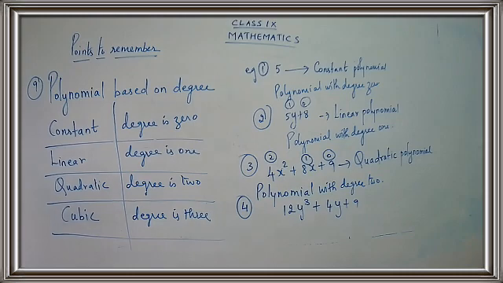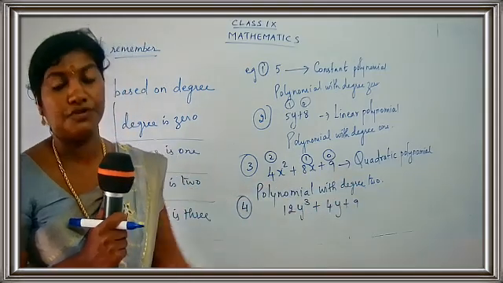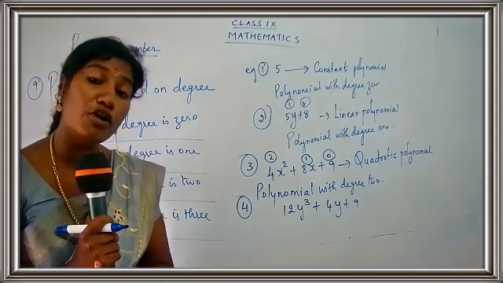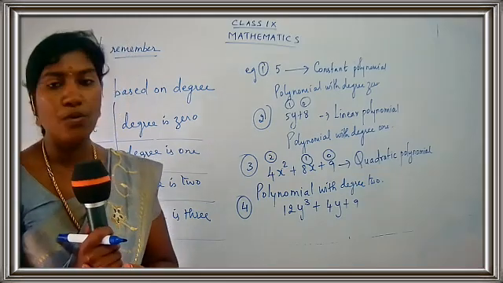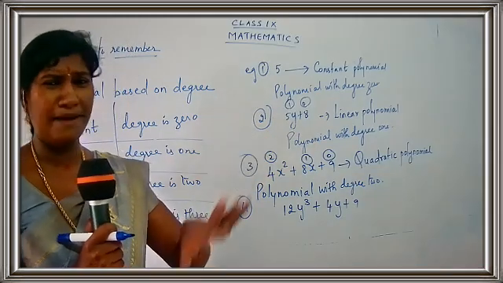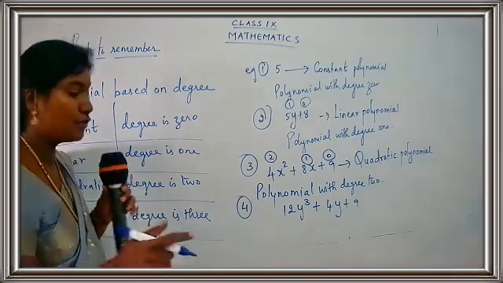First of all, let me find out how many terms are there. 1 term, 2 terms and 3 terms. So 3 terms are there. So what type of polynomial is it? A trinomial. Okay, done. Now I don't want the answer in terms of monomial, binomial, trinomial. I want the answer in terms of degree. So I'm going to find out the power.